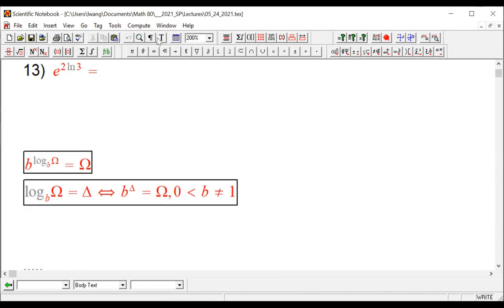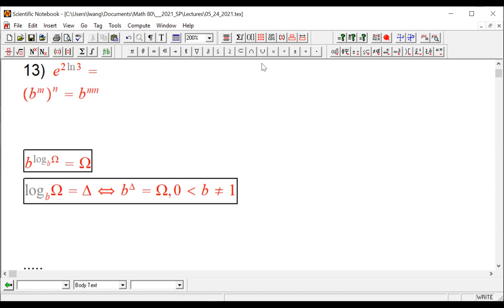Remember when we were doing b raised to the power of m and then raised to the power of n? That equals b raised to the power of m times n, right? And we have that situation right now. What we have different is that the base is e.